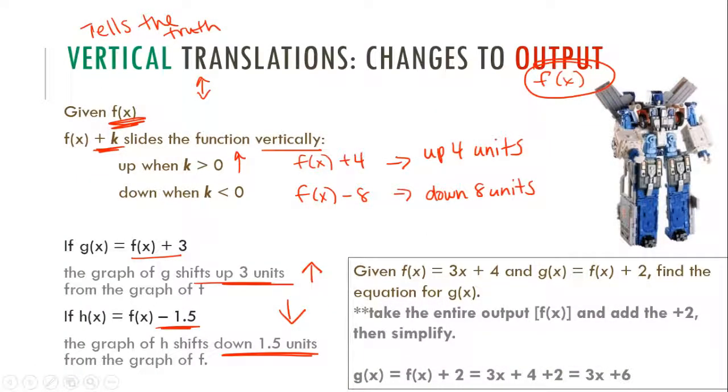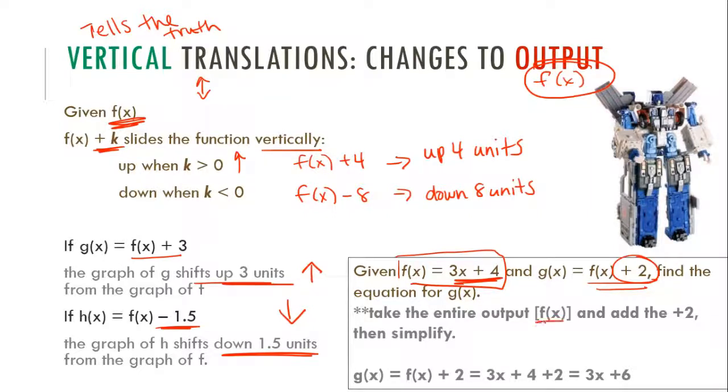All right, so looking at this with some more detail, if I gave you the original parent function of 3x plus 4, and then I told you that my translated function is f of x plus 2, we literally just tack on the plus 2 to the end of my function.